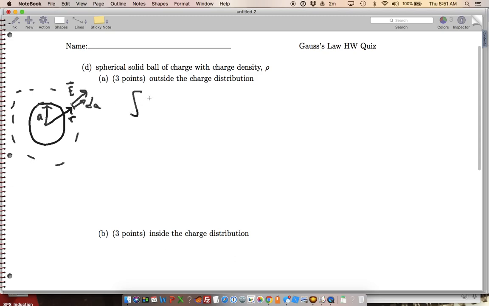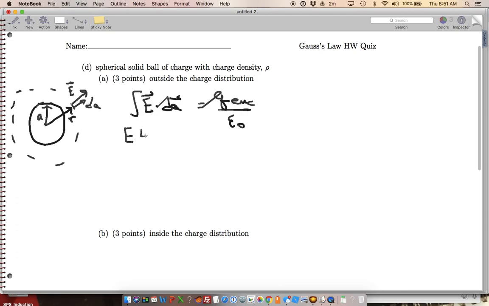So I've got E dot dA is equal to Q enclosed over epsilon naught. Remember, my E is a constant at all points along the Gaussian sphere, so I'm going to pull that out. And now what is the integral of dA for my sphere?